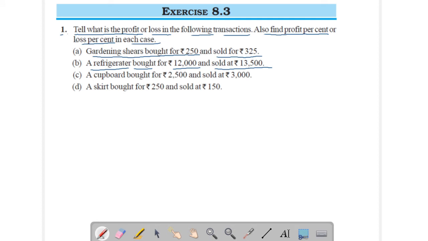Now come to C part. A cupboard bought for rupees 2,500 and sold it at rupees 3,000.